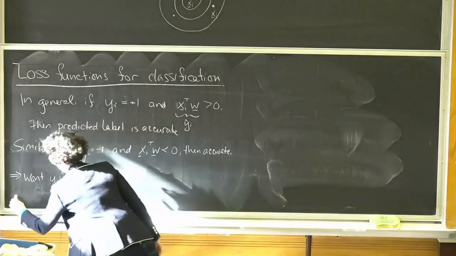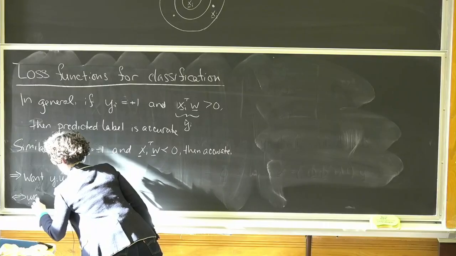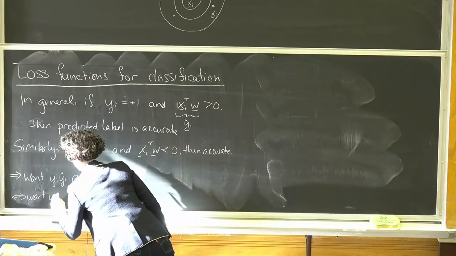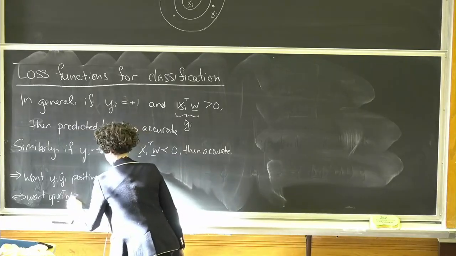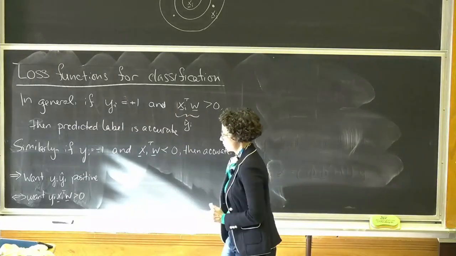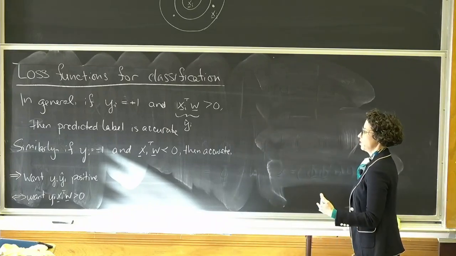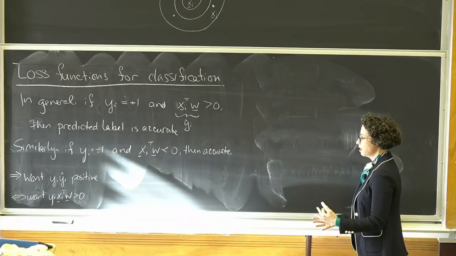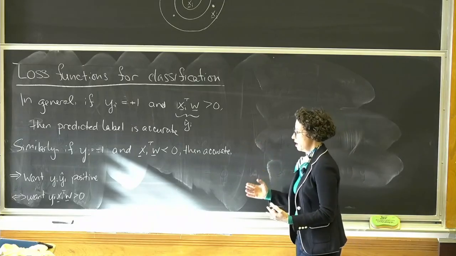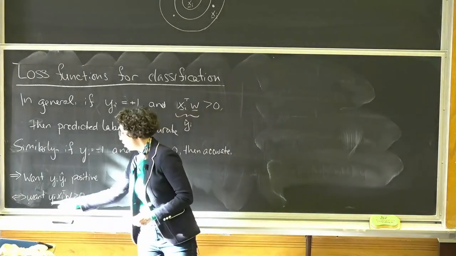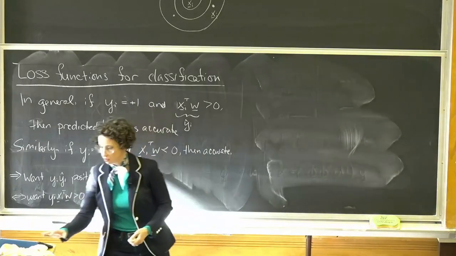Or equivalently, we want yi times xi transpose w to be positive. And so what loss functions are doing is they are ideally going to tell us something about whether we have made an accurate prediction. And so they are going to depend on this product, yi times xi transpose w.